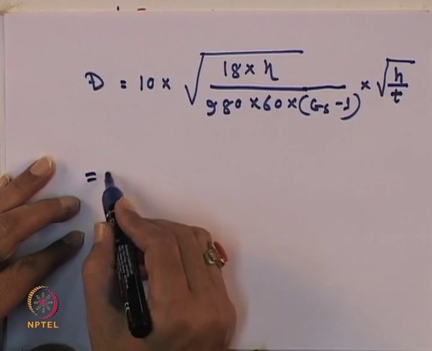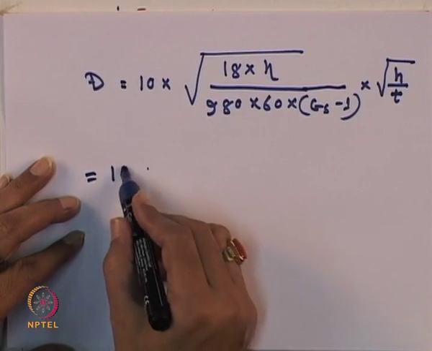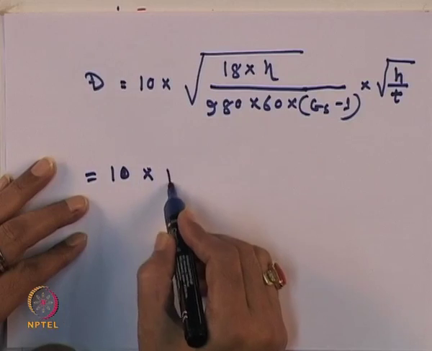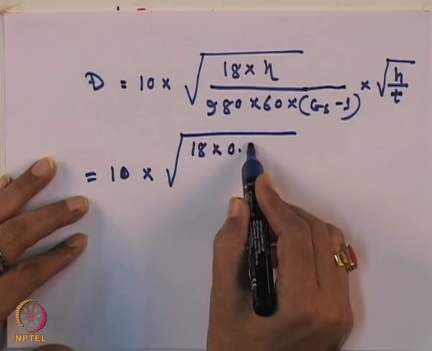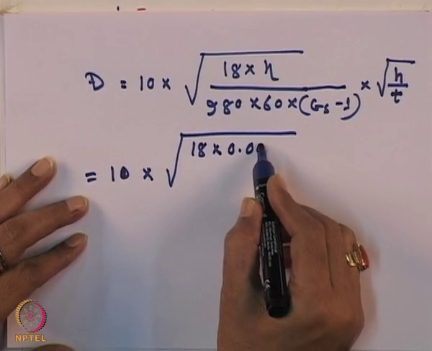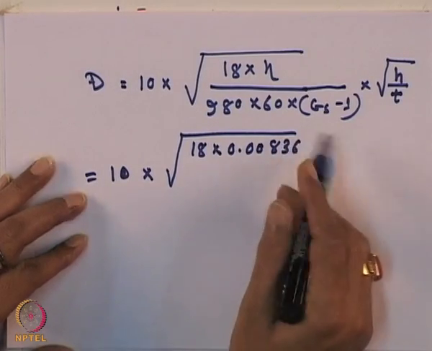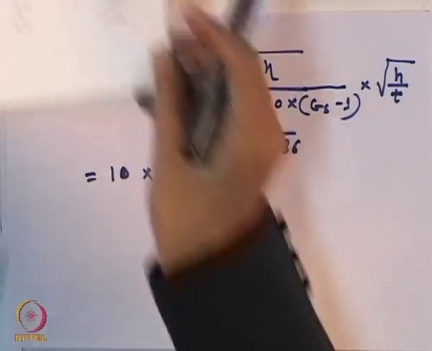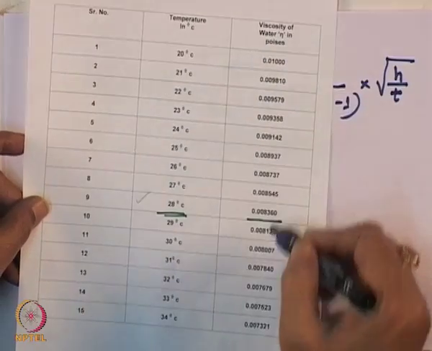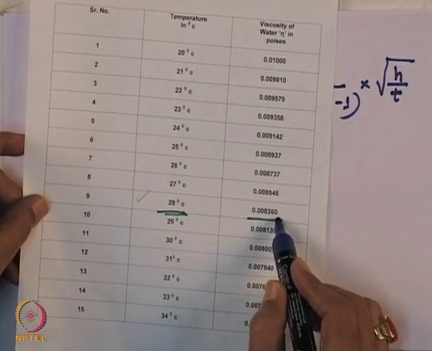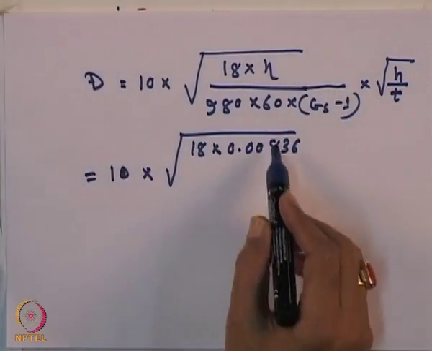So this is 10 into root of 18 into eta, where eta is 0.00836, which I showed you; at this particular temperature this viscosity is measured.